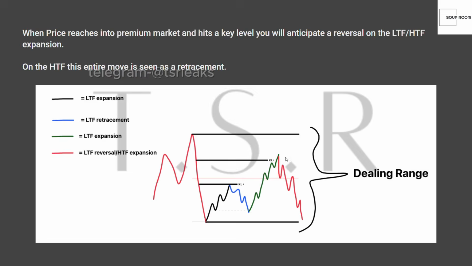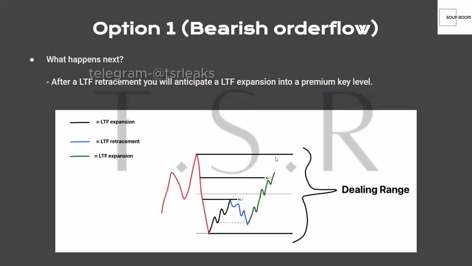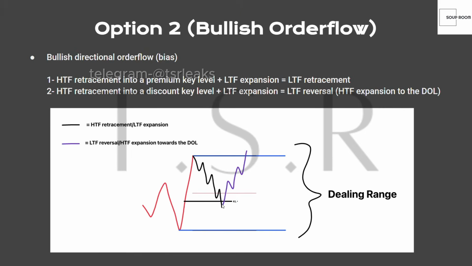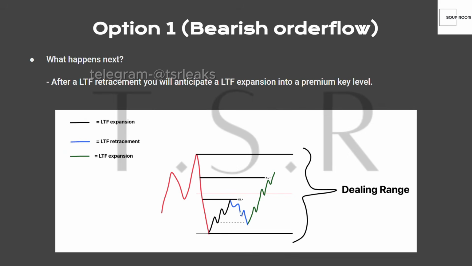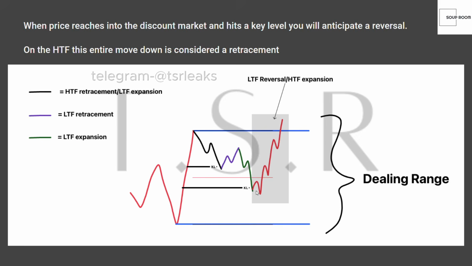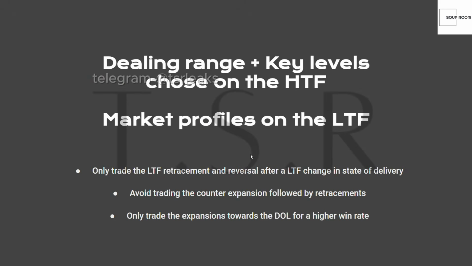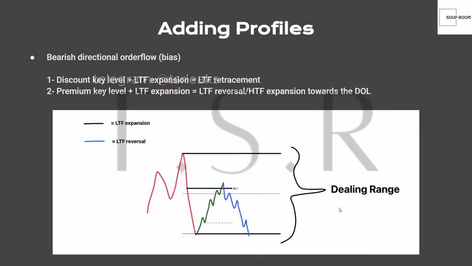This means if you only focus on taking this trade, this trade, this trade, and this trade right here, meaning the expansion towards the draw on liquidity, the expansion that will cause the breakout, the expansion causing the breakout, the expansion towards the draw on liquidity. If you only focus on trading those, you will have a much higher win rate. They are much easier to spot.